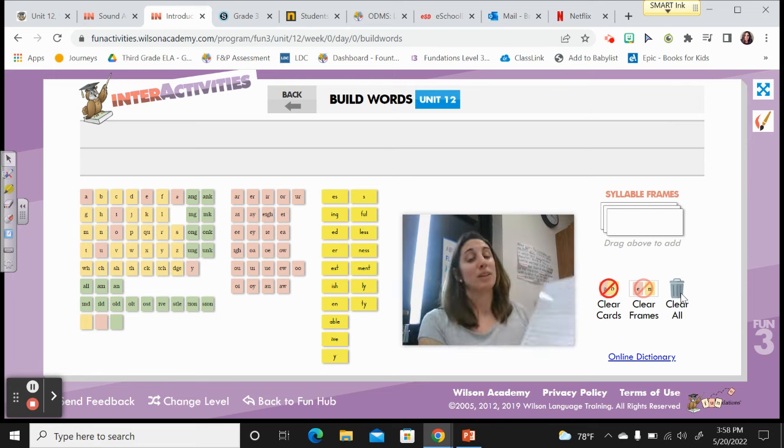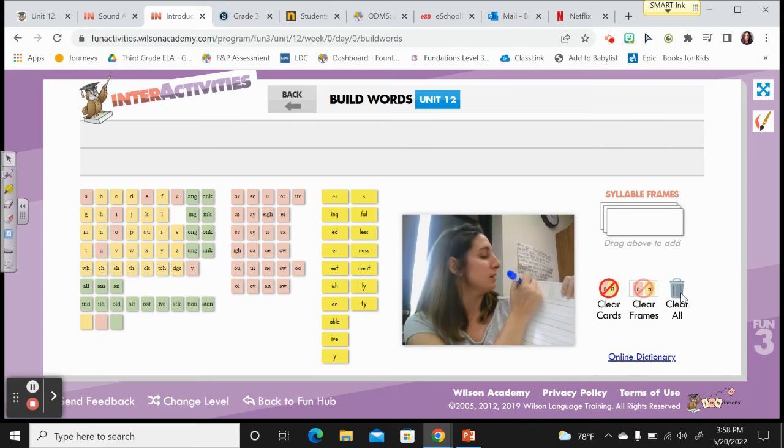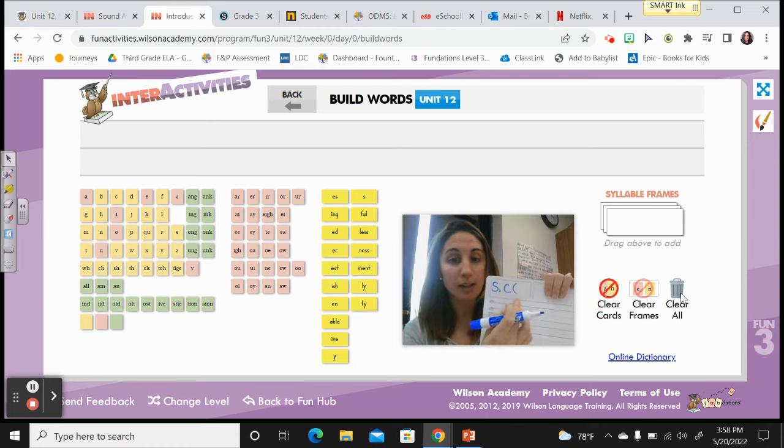S. Now, be careful with this. In Unit 12, there's a special way we're going to do the S and J sounds. What always says S? What sometimes says C? Okay, when does C say S? Look, that's a parenthesis.